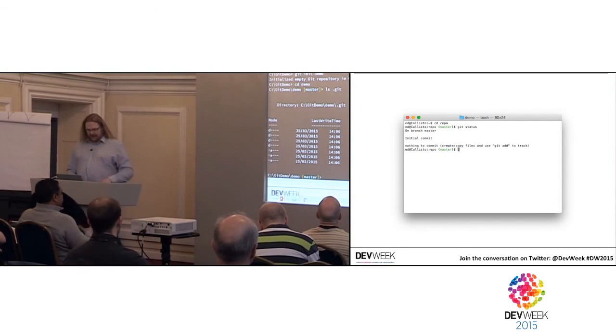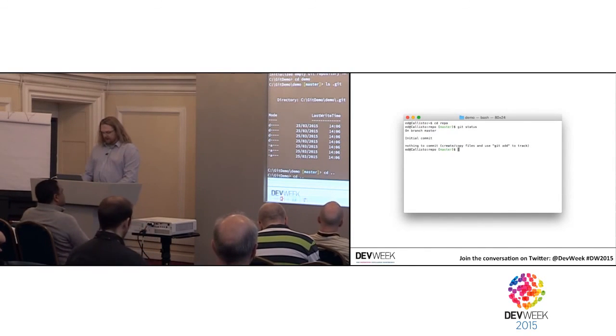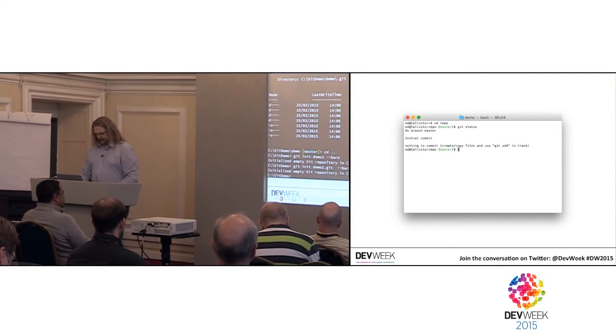This is a normal local working copy. You could also create a bare one, so I could do this. By convention, when you do a bare one, you call it .git, like that.